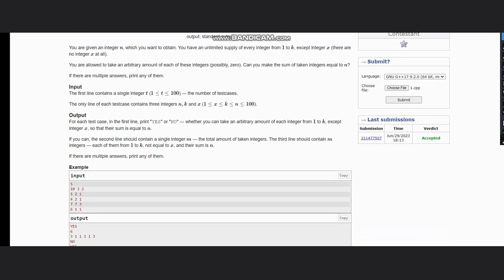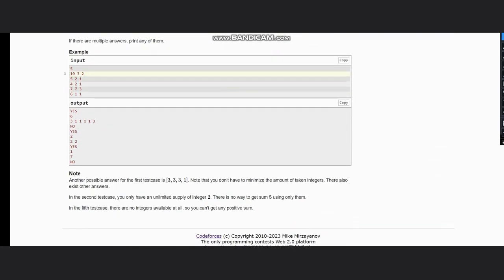So let's look at the examples first. The first example is 10, 3, 2. It is given in the format of n, k, x. So n is 10, k is 3 and x is 2.